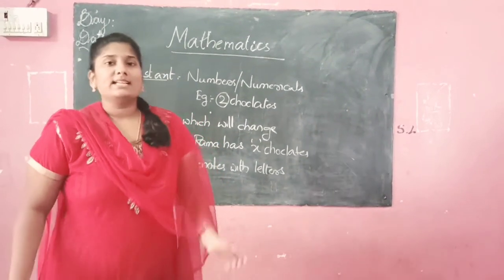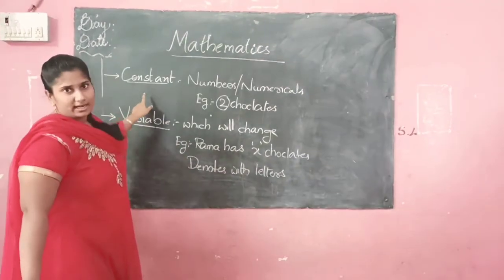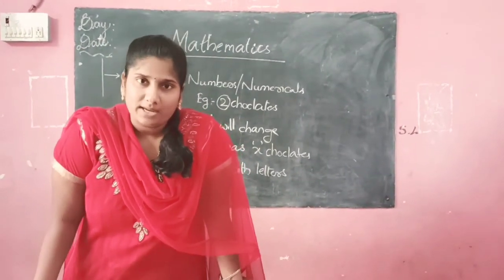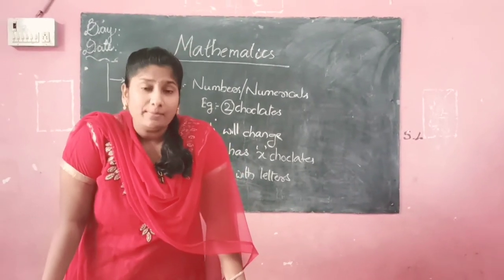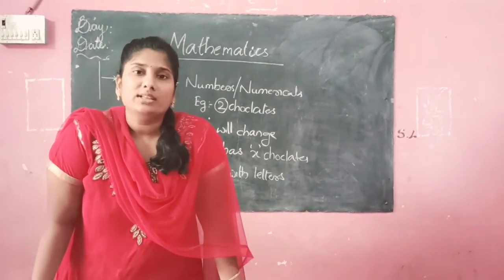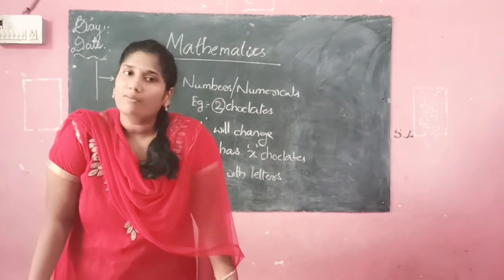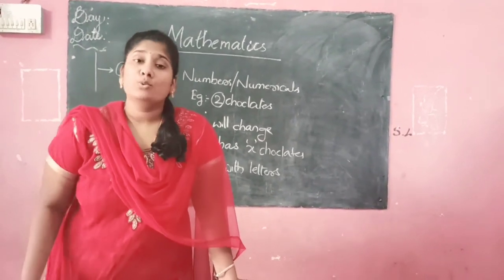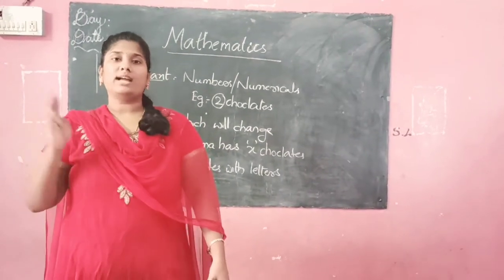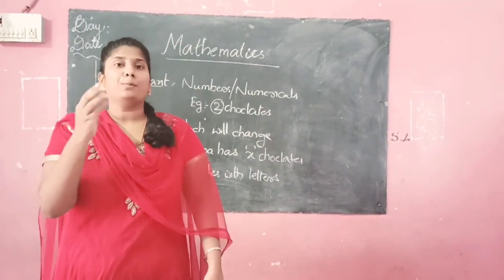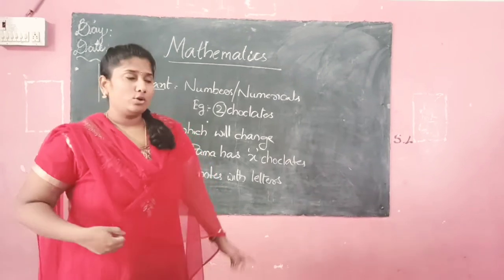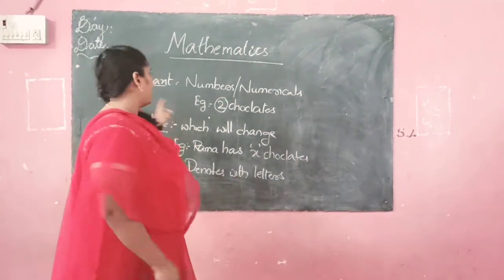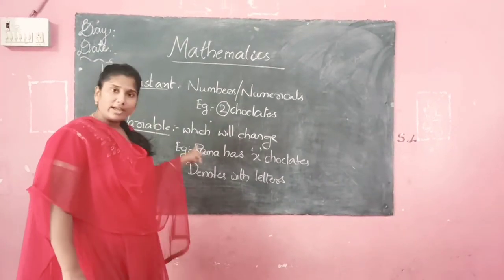So that is the difference between constant and variable. A constant means which remains the same and it is denoted with numbers, numerical values, whereas variables means which will differ, మారుతూ ఉంటాయి. It will differ from person to person, and is denoted with letters. Understood children? The difference between constant and variable.